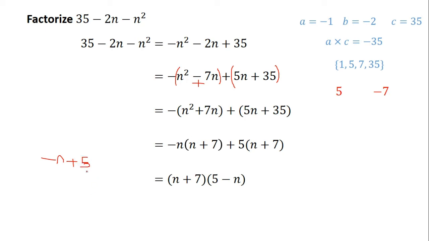But we know that minus n plus 5 can also be written as 5 minus n. So we have n plus 7 in one bracket, then 5 minus n in another bracket. This means that if we factorize 35 minus 2n minus n squared, we will have n plus 7 in one bracket, 5 minus n in another bracket.